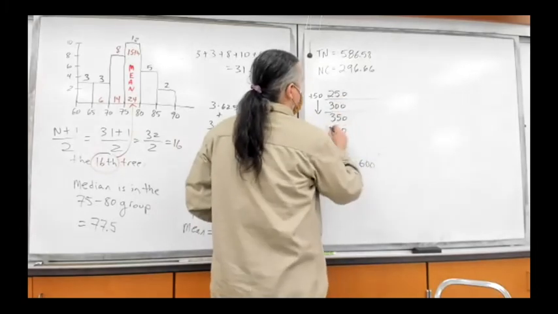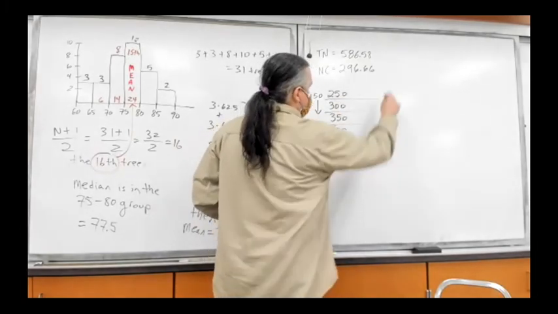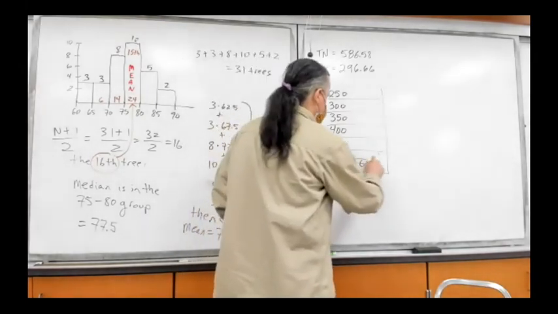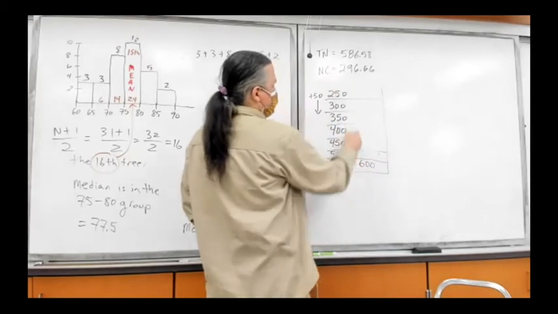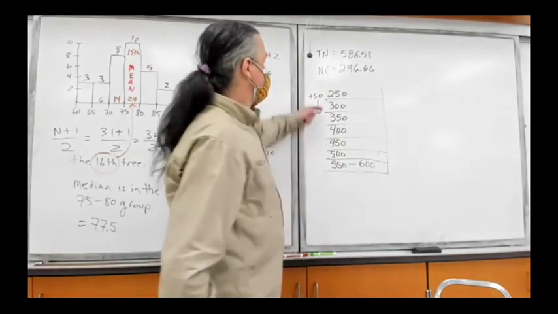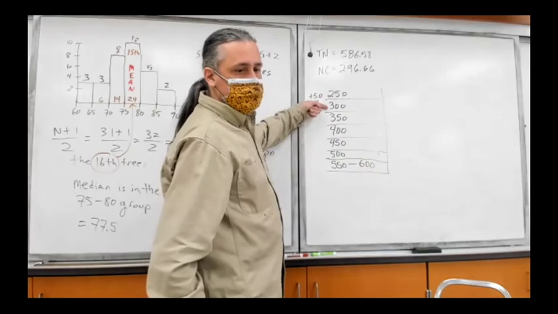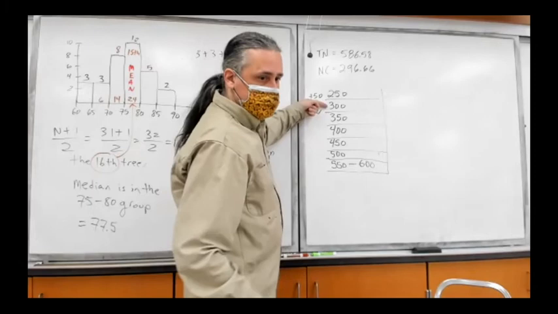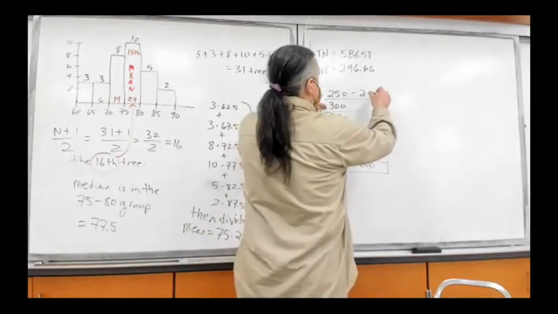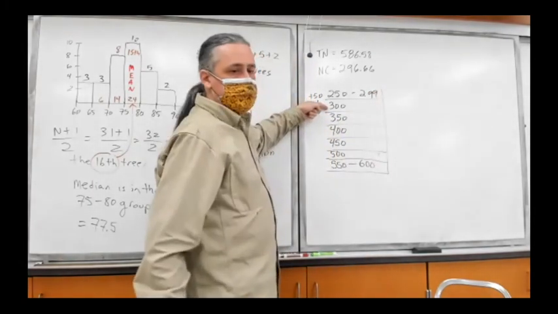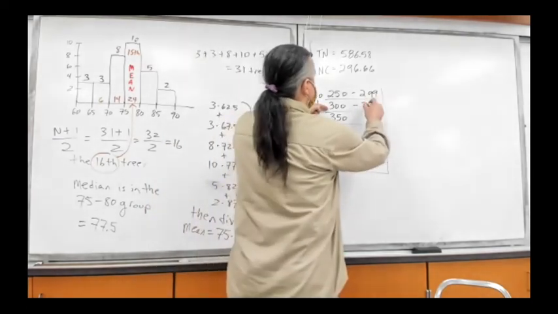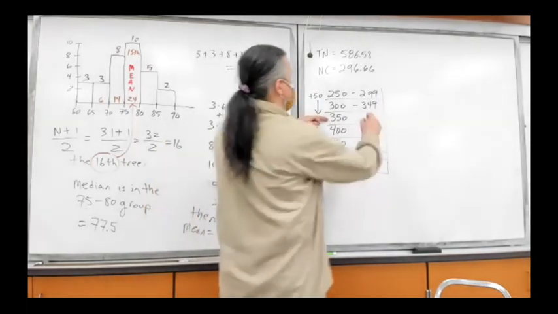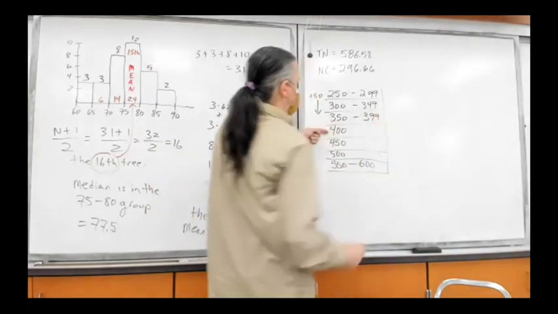Okay, now what we're going to do is go back and put the second numbers in. The second number is always one less than the next one. So 250 to 299, and then we go to 300. 300 to 349, and then we go to 350. 350 to 399, and then we go to 400.